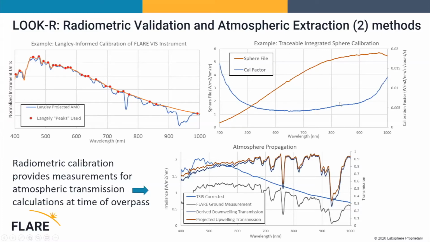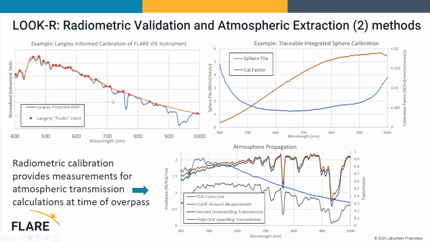The second system, the integrating sphere, is directly traceable to NIST. So we have 2 completely independent calibration traceabilities, which provides a robust backdrop. These 2 things should absolutely match each other within their uncertainty. But the sphere allows us to calibrate at will. So if we're concerned about the stability of our instrument, we can calibrate before every look if we want to.